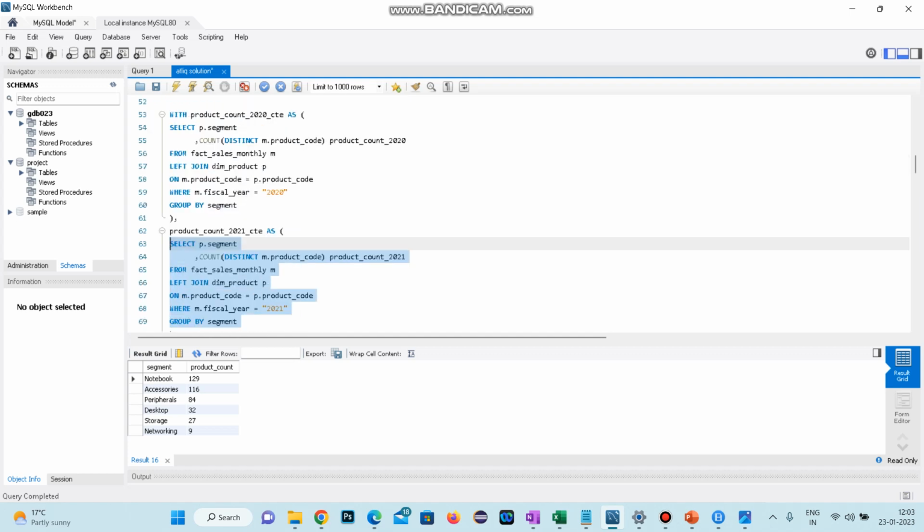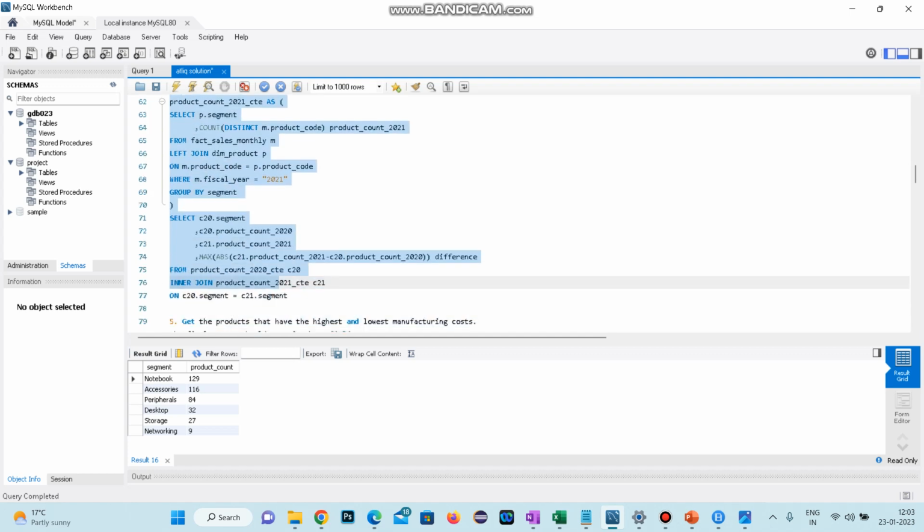After that we are querying the required columns like segment, product count of 2020 and product count of 2021, and the max of the difference between them, so that we get only the segment where there is the maximum difference in the count of products.